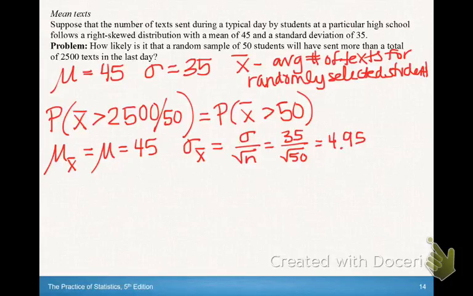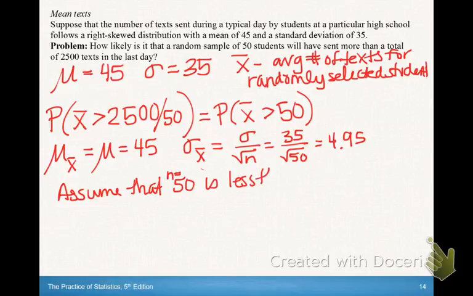And again, we should check that it says at a high school, we can assume that n equal to 50 is less than 10% of all students at the school.